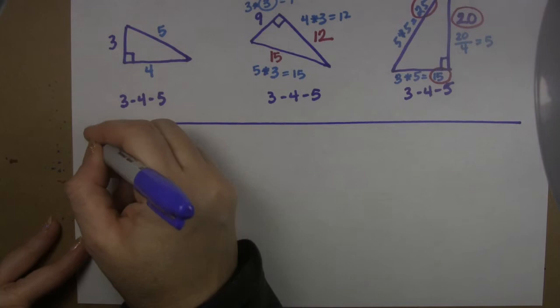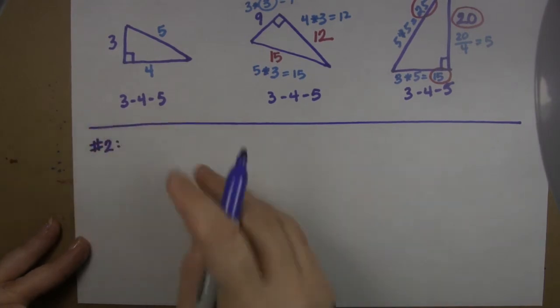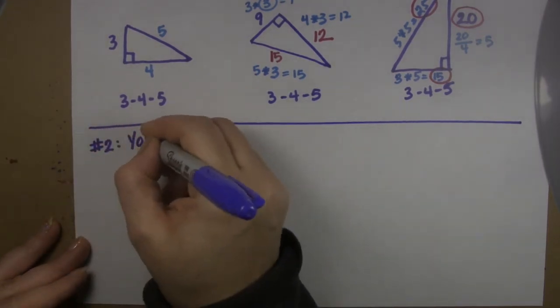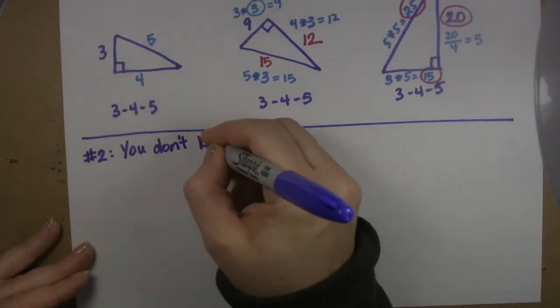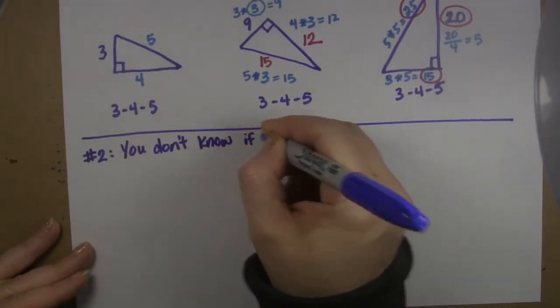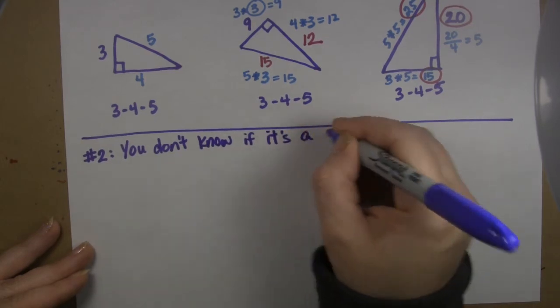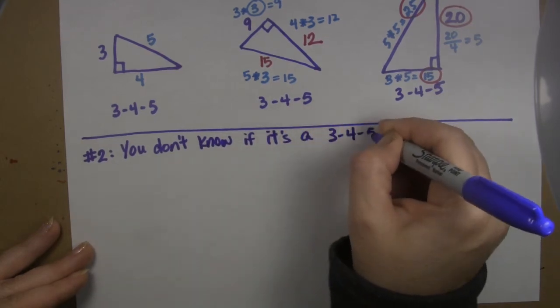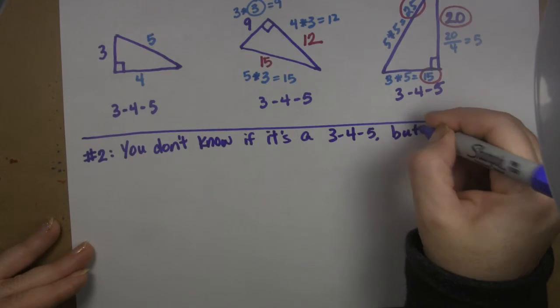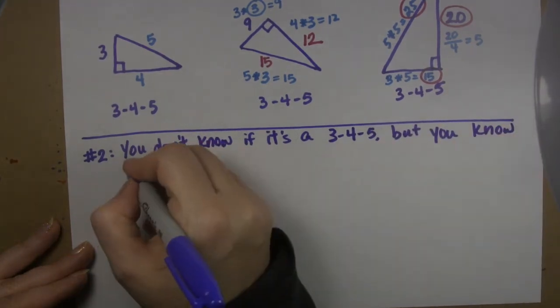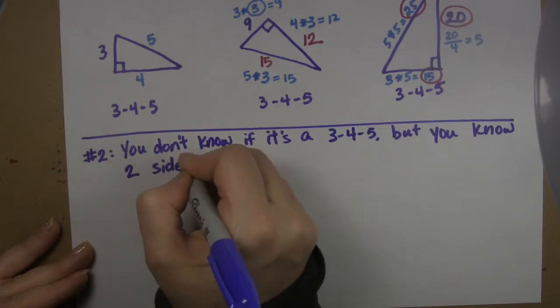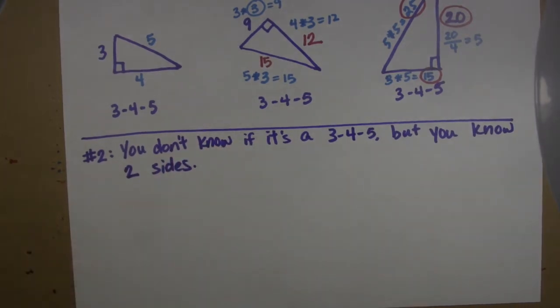Let's take a look at the second type of question that you might get. For this one, you don't know if it's a 3, 4, 5, but you know 2 sides. You don't know if it's a 3, 4, 5 triangle, but you do know the lengths of 2 sides.